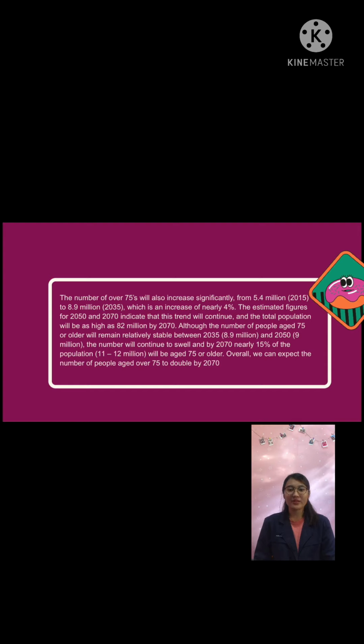The numbers will continue to swell, and by 2017, 15% of the population, 11 until 12 million, will be aged 75 or older. Overall, we can expect the number of people aged over 75 to double by 20 and 70.